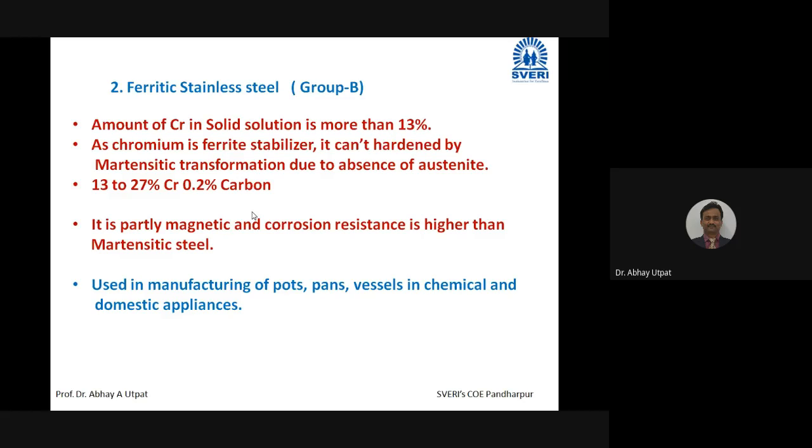But if ferrite stabilizer elements are added in larger amounts, they will raise the A3 temperature. So I will show that demo once again.